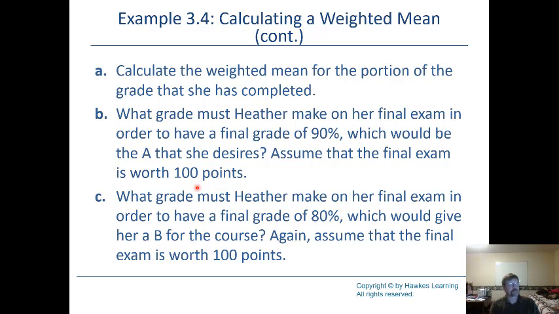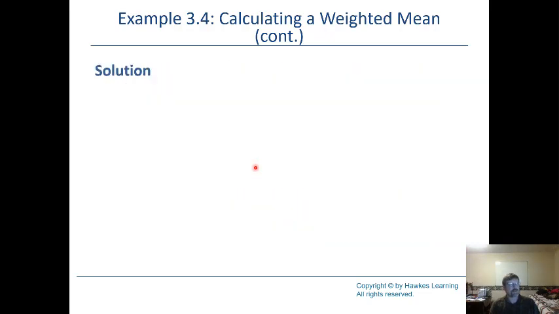Okay? So this is a lot like finding a value when you know the average. In this case, 90% is our desired average, and the grade on the final is what we don't know, right?